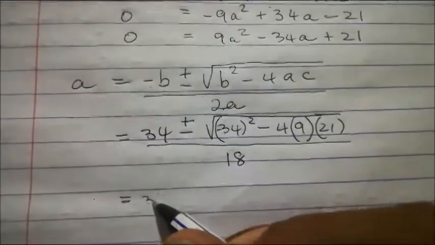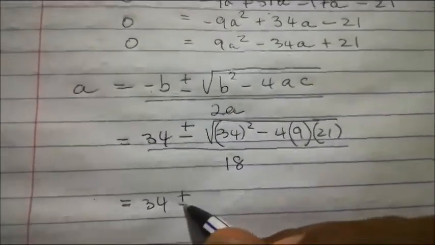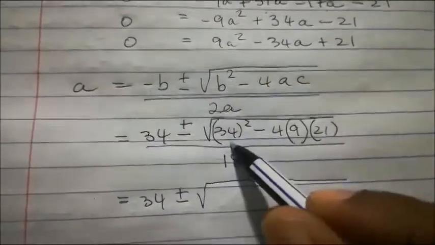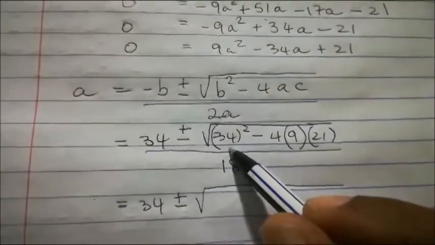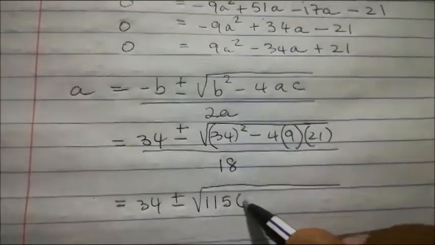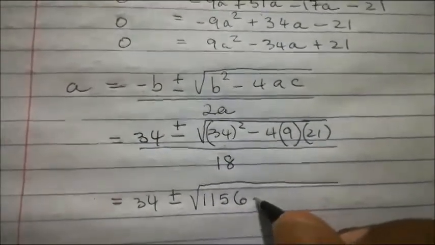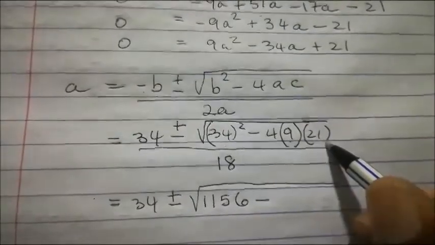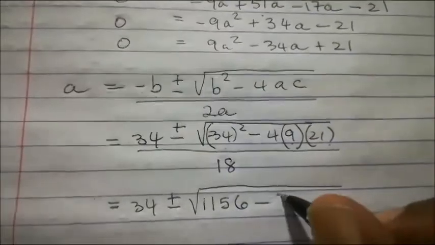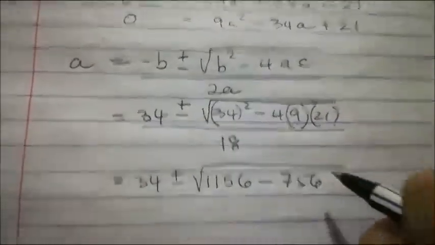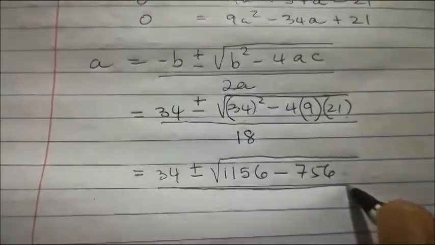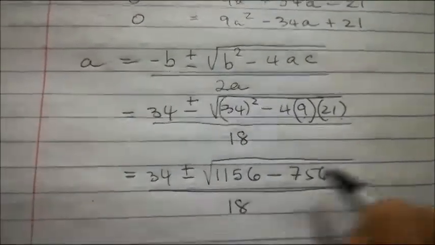So this is going to be 34 plus or minus the square root of what now? The square root of negative 34 squared is going to be 1156. When you put that in the calculator, you're going to get 1156. Minus, this works out to 756. Because of the time factor, we don't want to. You can always do that in the calculator, right?